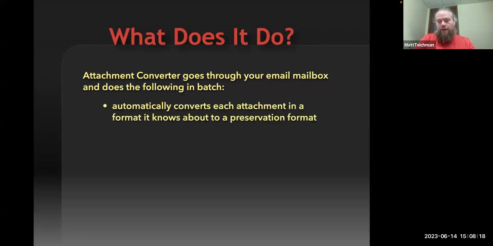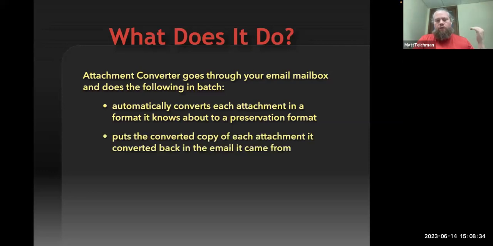And then what it'll do is it'll go through and try to find instances of a file in a format that it knows in advance it's going to want to convert. So for example, a Word doc, a .doc file. It'll try to find every doc that's in the mailbox, and then it will convert the doc to some listed preservation formats. In the case of a doc, it'll convert it to plain text and archival PDF.